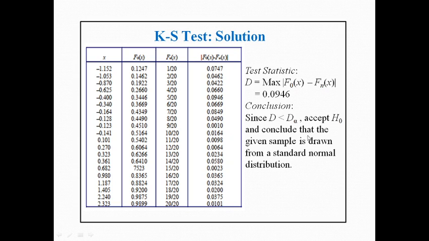So we fail to reject H naught, that means we accept H naught, which says the given sample is drawn from the standard normal distribution. That means the given data is coming from a standard normal population. So this is a simple example of the KS test for goodness of fit.